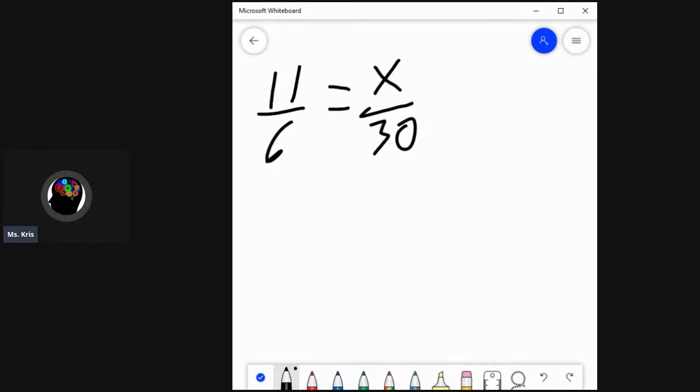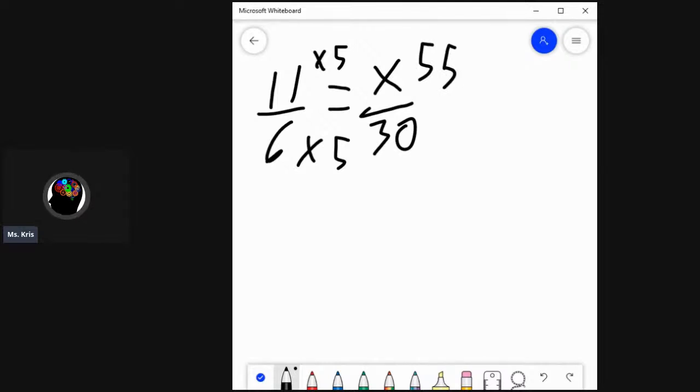We know proportions mean my first numerator should be proportionate to my second numerator, and my first denominator should be proportionate to my second denominator. So if the denominator went from 6 to 30, that means I multiplied by 5. So if I multiply my denominator by 5, I can also multiply my numerator by 5, and that will give me my 55.